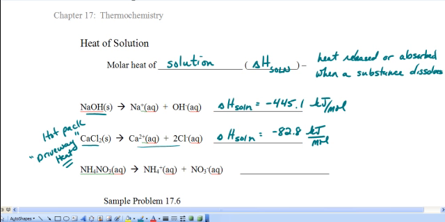Now, you can also have the opposite effect. For example, in a lot of medical kits, you have cold packs. And in a cold pack, you take ammonium nitrate and you dissolve that into water. When you do, it actually absorbs energy. So the heat of solution in this case is going to be a positive 25.7 kilojoules per mole.